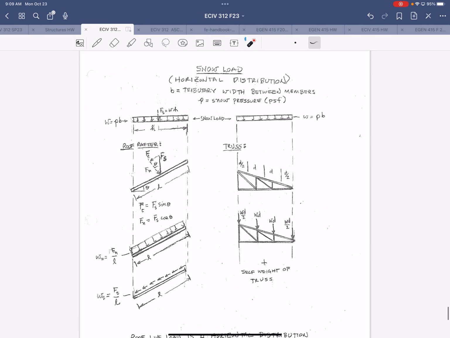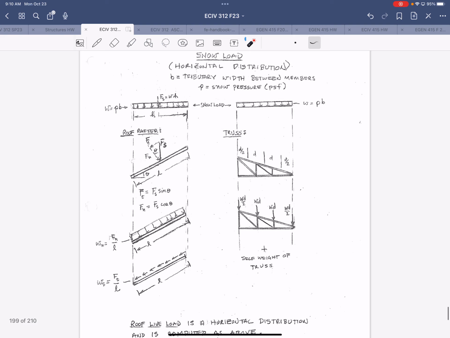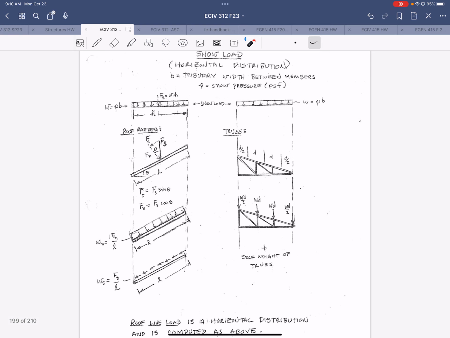On the next page, there is a breakdown of how these loads would be distributed in our analysis to a joist versus a truss. It's a little bit different depending on which one you're looking at. If we have a roof joist, you're going to want to find the distributed load that is perpendicular to the length of that joist.